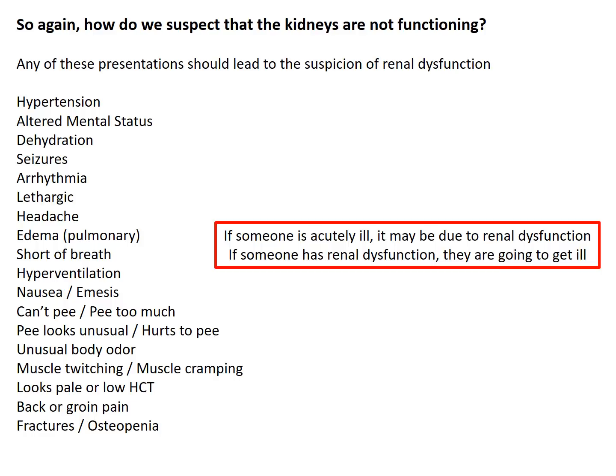The basics, very, very important to remember that basic concept. Kidneys can make you sick. Kidney dysfunction can make you sick, or if you're sick, that can lead to kidney dysfunction, particularly if you're hypovolemic and not perfusing your kidneys due to dehydration.